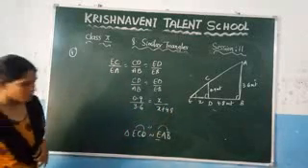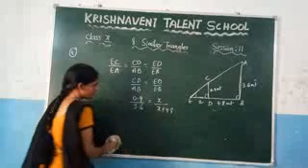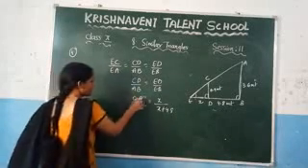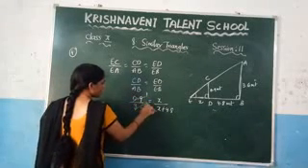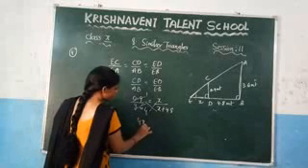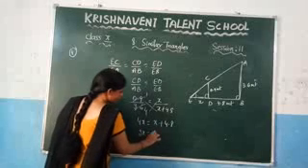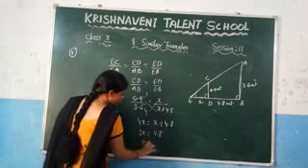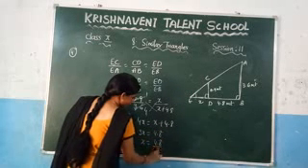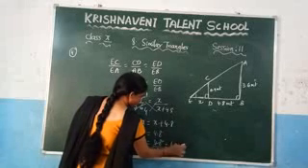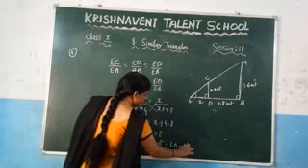Now just cross multiply. So you will get here 1, you will get here 4. Cross multiply here, what you will get? 4x is equal to x plus 4.8. So that you will get here 3x is equal to 4.8. x is equal to 4.8 by 3. Which gives you here 1.6 meters.